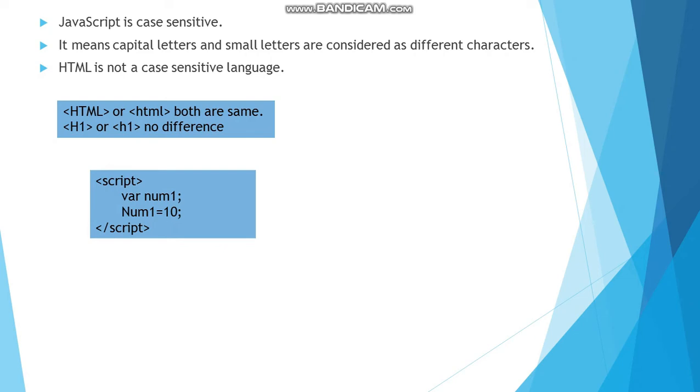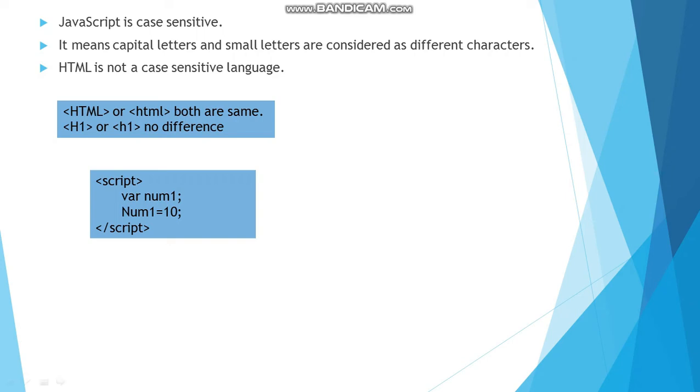Here you can see script and /script tag is used. Inside we have used two statements. First is var num1. Remember, here num1 is a variable. A variable is a name in which we can store some information, either number or any text.